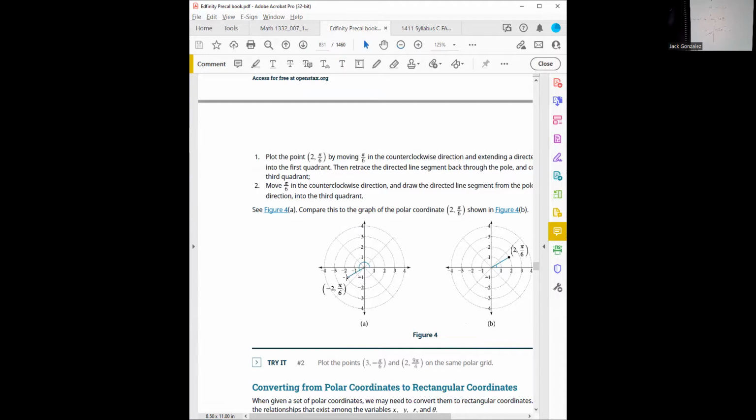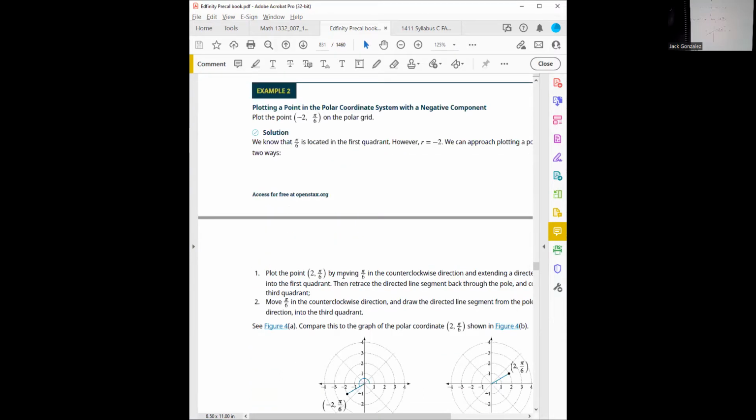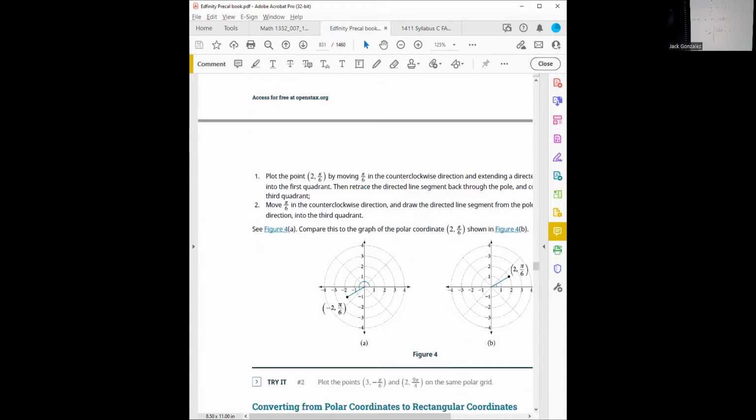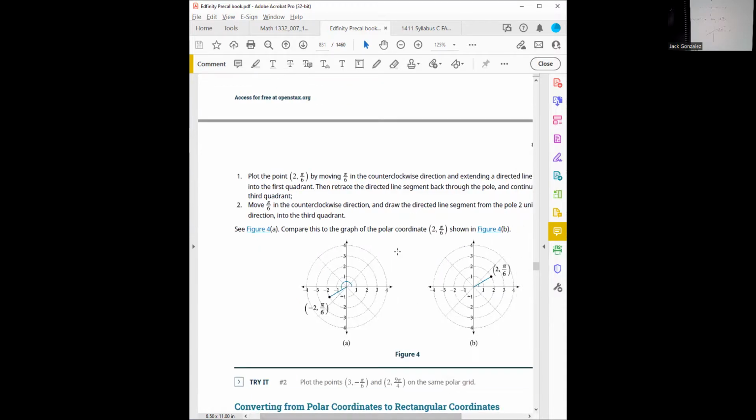So 1, 2. You can go to pi over 6, which is right there. We'll go backwards. In this question, they said just plot it. Here they're trying to show us that you can technically find that same point multiple ways, right?